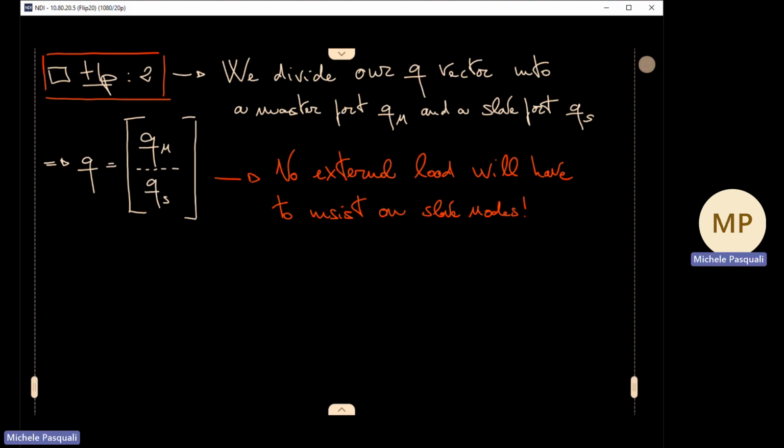Those must be master. So if we are doing, for example, a static analysis, one smart move would be to consider a static equivalent distribution of forces and moments that acts on other nodes, so as to be able to consider the nodes as slaves, if you really want to.